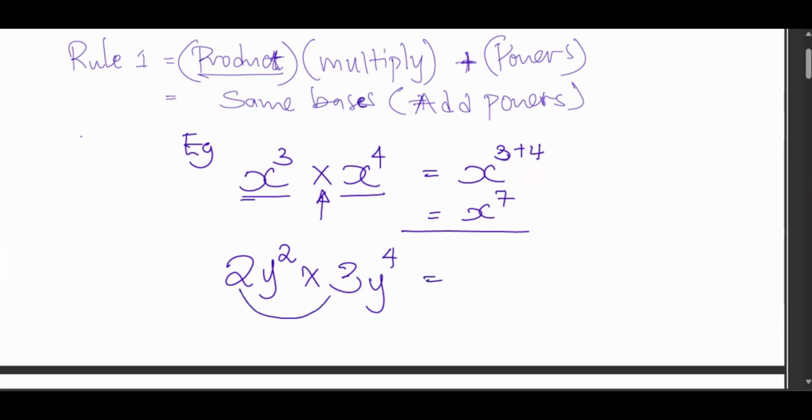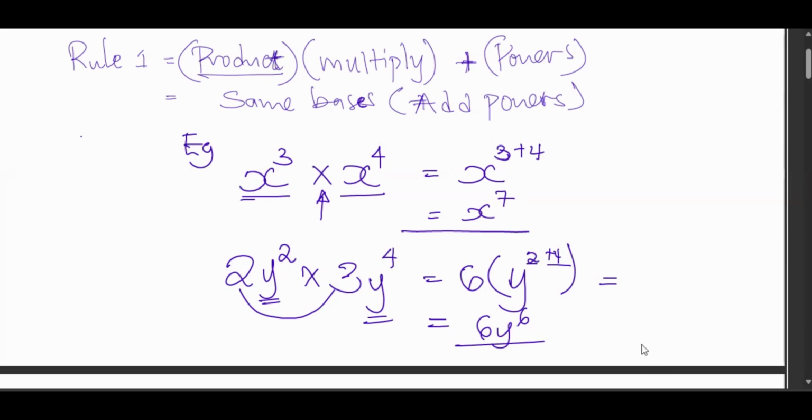The numbers will multiply themselves, which is 2 times 3, to get 6. What are we remaining with? We remain with y. But these y's are 2, we have here and there. Since you're multiplying them, we are going to add the powers. So here the final answer becomes 6y to the power 6. Where does the 6 come from? We are adding 2 plus 4, and we get that answer there.